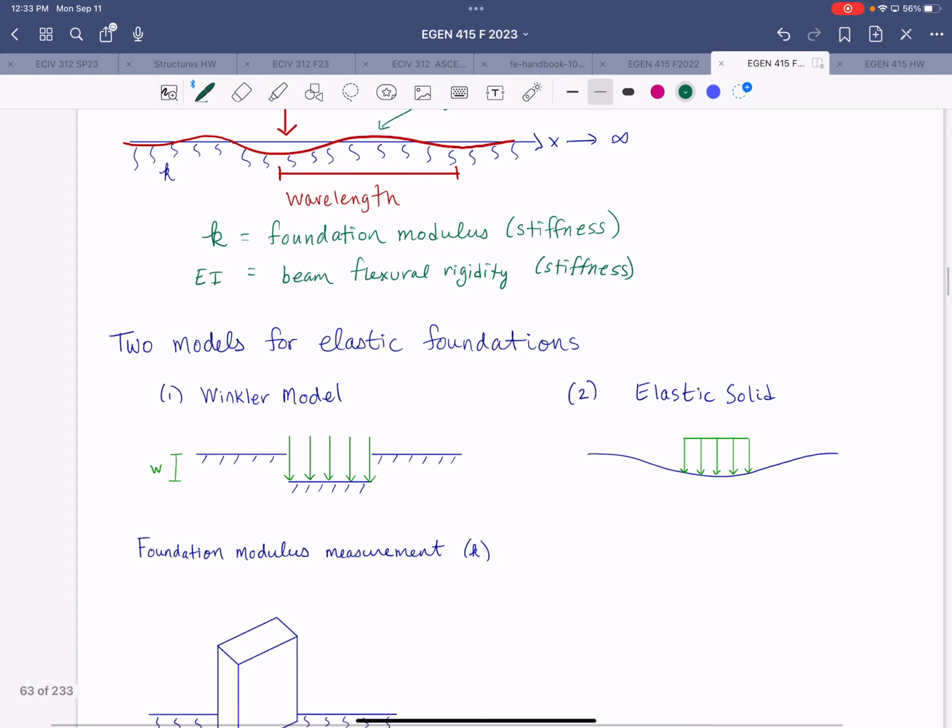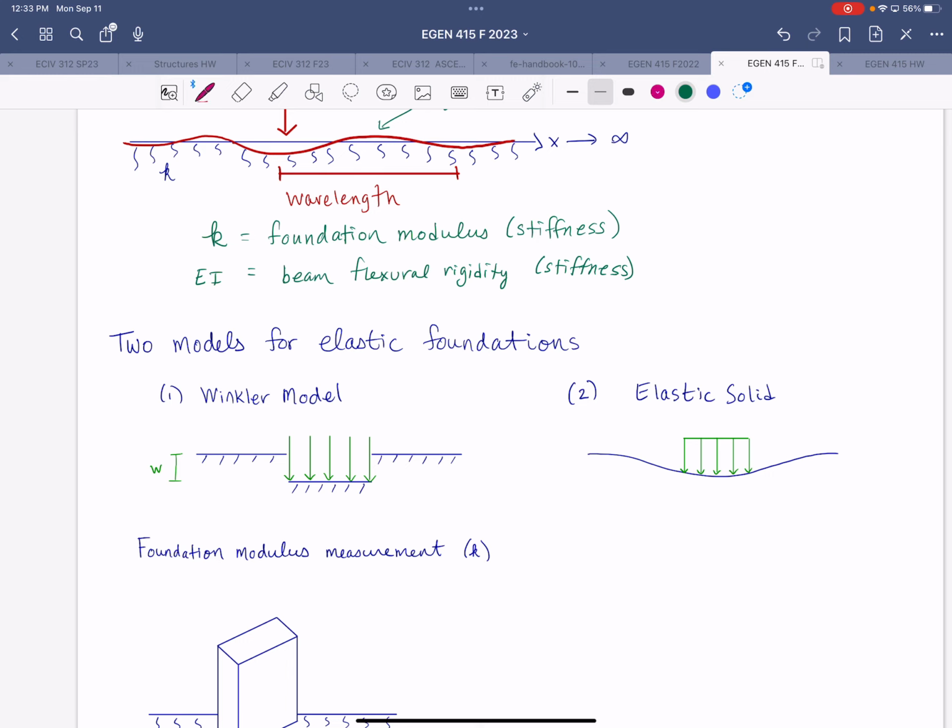So there are essentially two models that could be used for elastic foundations. On the left is what's called the Winkler model, and this is best described as thinking about independent columns that don't have any friction between them.